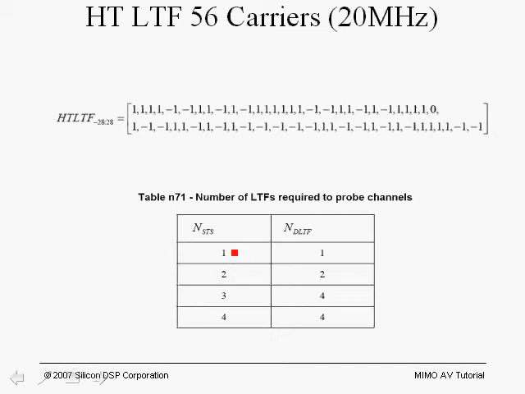So if you have one spatial stream, we only need one long training field for the data. And if we have two spatial streams, we need two. If we have three spatial streams, we need 4 training fields. And if we have 4 spatial streams, we still need 4 training fields. Each training field is 4 microseconds long.